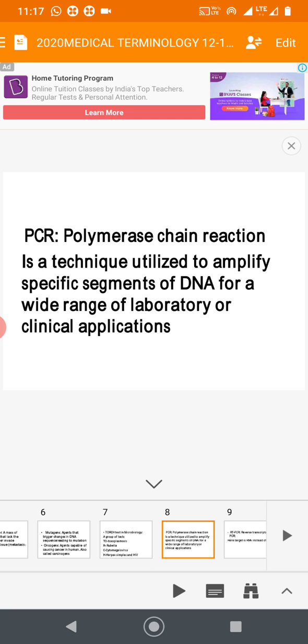What is PCR? You know already. Polymerase chain reaction is a technique utilized to amplify a specific segment of DNA for a wide range of laboratory and clinical applications. Now PCR has become common to amplify, to get multiple copies of a specific segment of DNA for a wide range of laboratory and clinical applications.